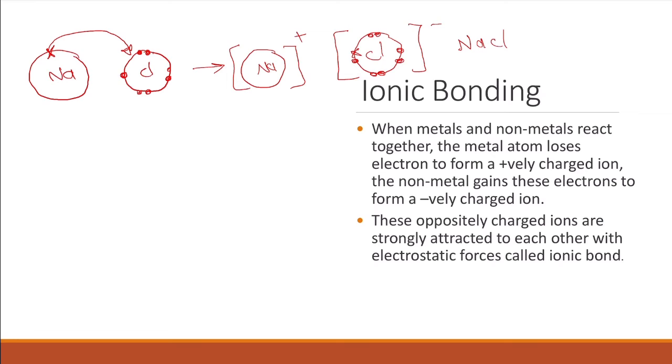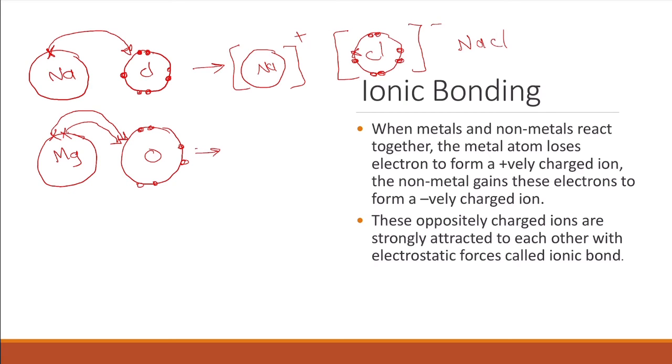So let's have an example for an element from group 2, which is magnesium. Magnesium has 2 electrons in its outer shell. And then we have oxygen, which has 6 electrons in its outer shell. Then the 2 electrons on magnesium will both be transferred, or lost, and the oxygen will gain both electrons.